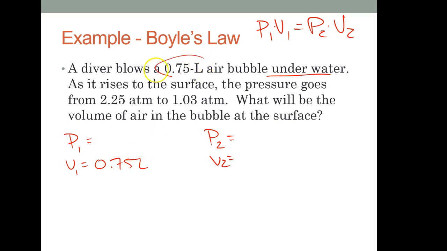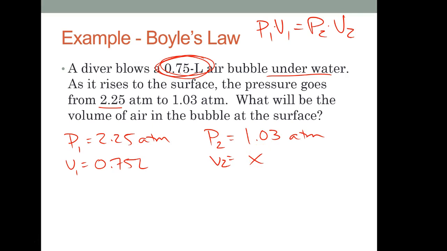Now I need to find the pressure that corresponds to that particular volume. As it rises to the surface, the pressure goes from 2.25 atmospheres, so that's where I'm starting, to a new pressure of 1.03 atmospheres. And what will the volume be at the surface? X. So that's putting in your numbers for your variables.